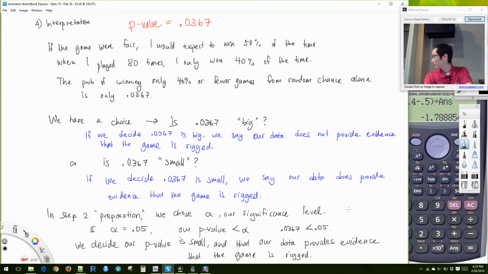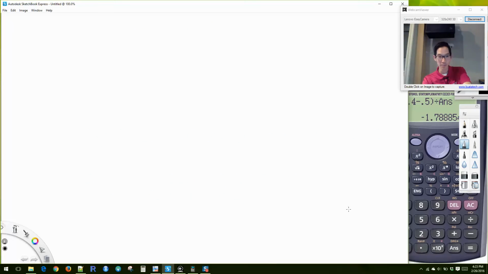All right, so on the next slide, I'll write a summary of the types of conclusions we would make based on our p-values. Basically, if the p-value is less than alpha, this means we will reject the null hypothesis.